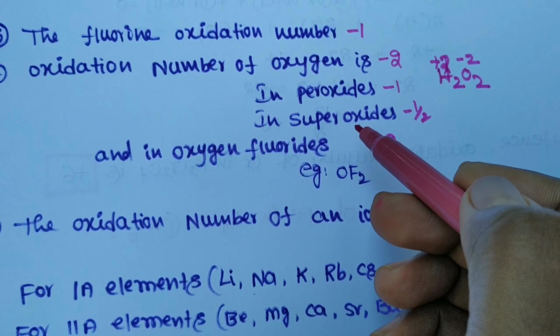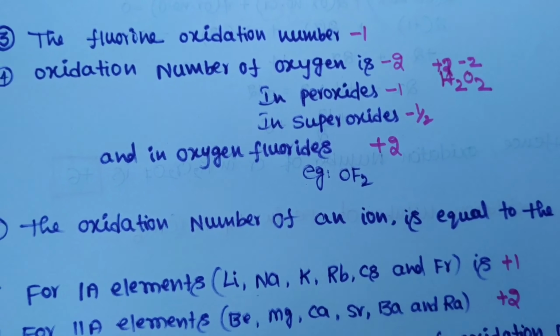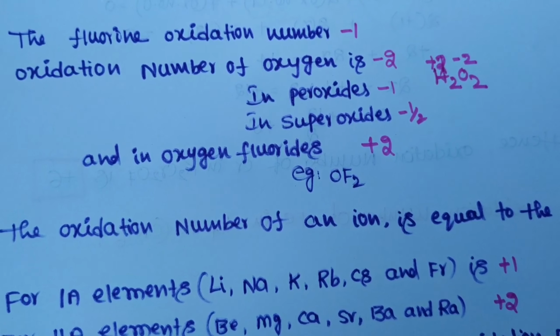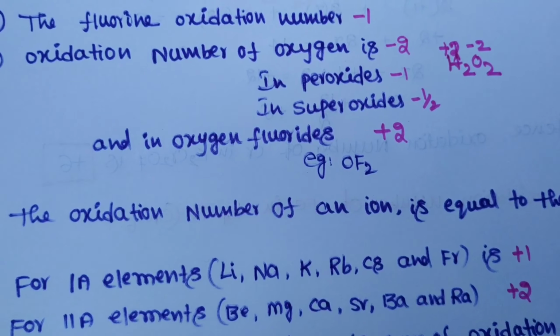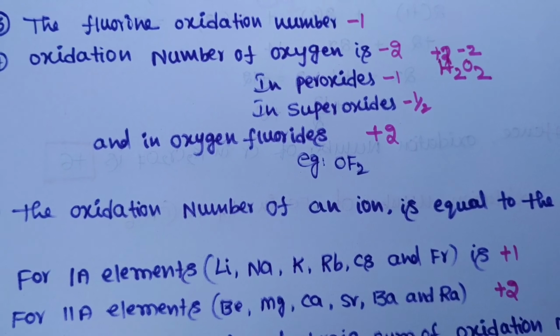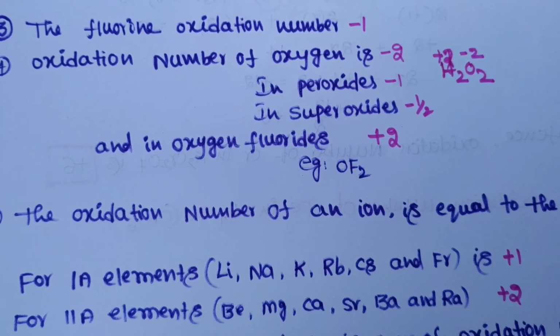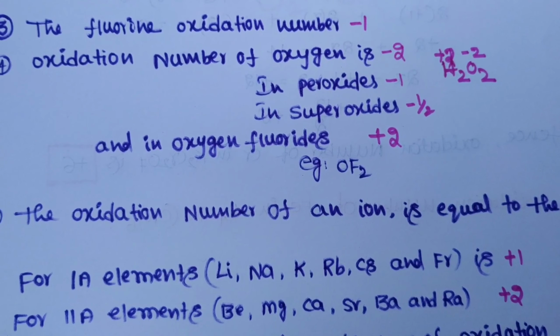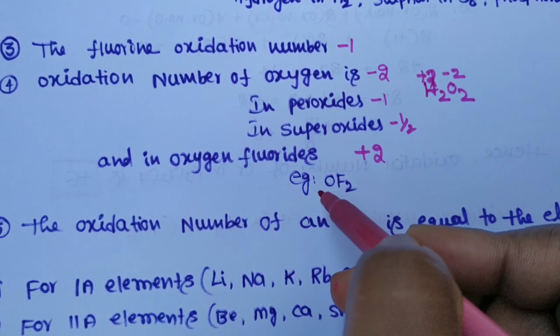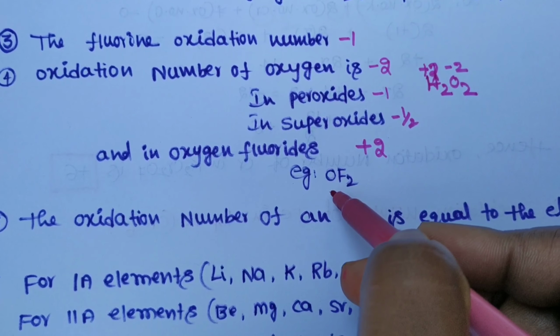Then another exception is there, that is in superoxides. So in superoxides oxidation number of oxygen is -1. Then oxygen fluorides, in oxygen fluorides oxygen oxidation number is +2. Okay, so example we can see for oxygen fluorides, OF2.